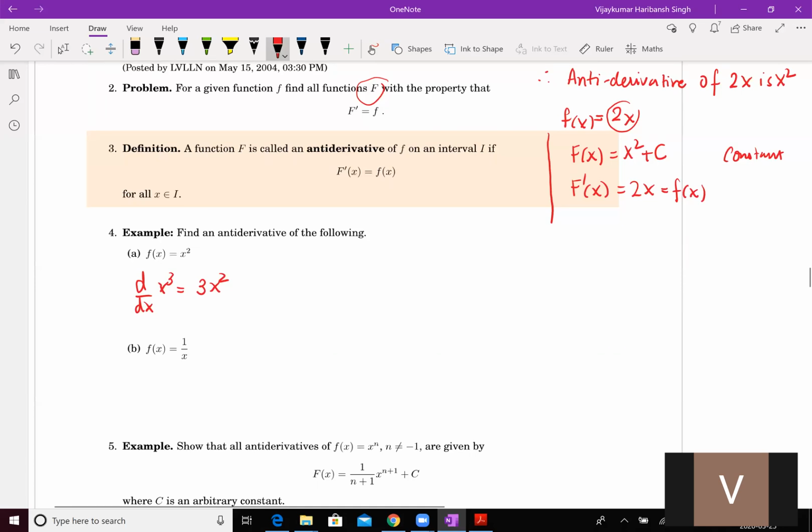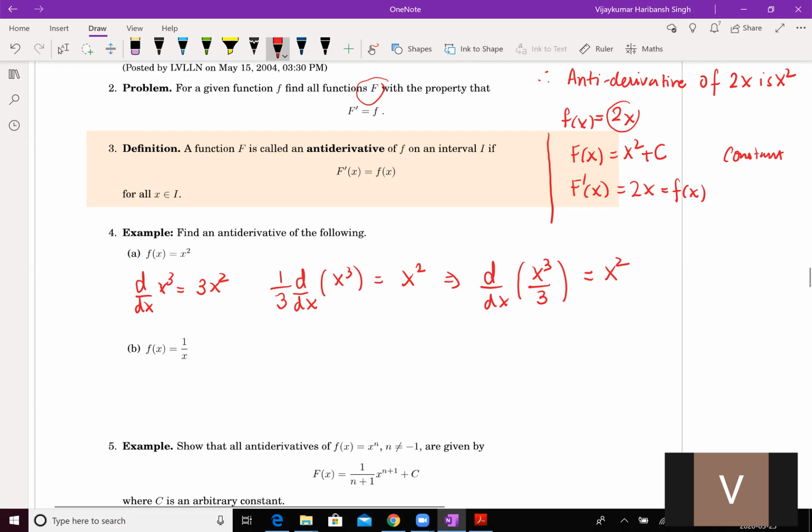So divide both sides by 3. You have x squared. If you bring it inside the derivative, the constants have free pass to go inside and outside the derivative. So d by dx of x cubed by 3 is x squared, right? So an antiderivative means any antiderivative.